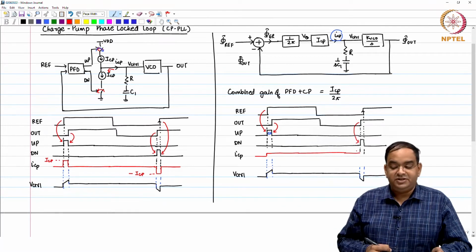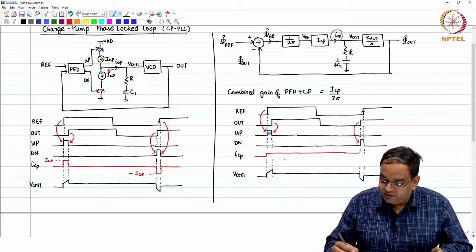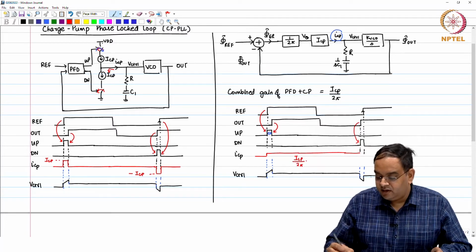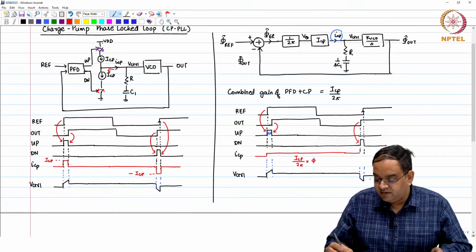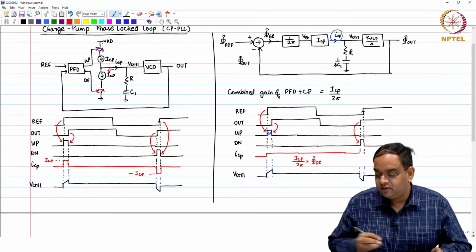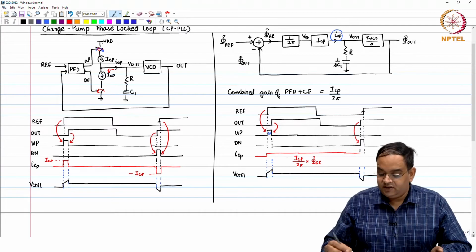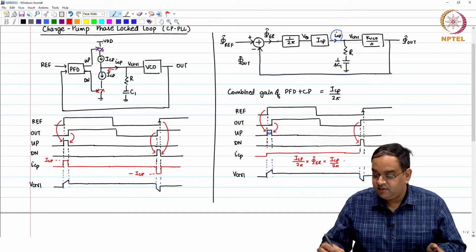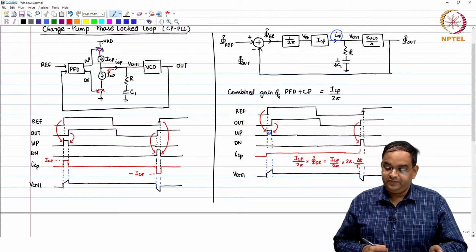This is an approximation. What is the value of this current? The value of this current is ICP by 2 pi times the phase error. Which effectively is ICP by 2 pi, and phase error is nothing but 2 pi times delta t by t, right?